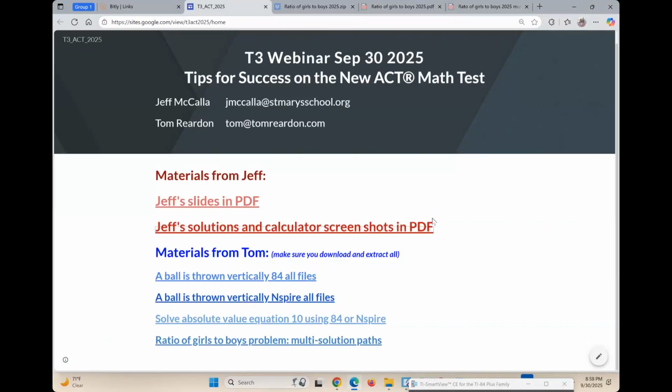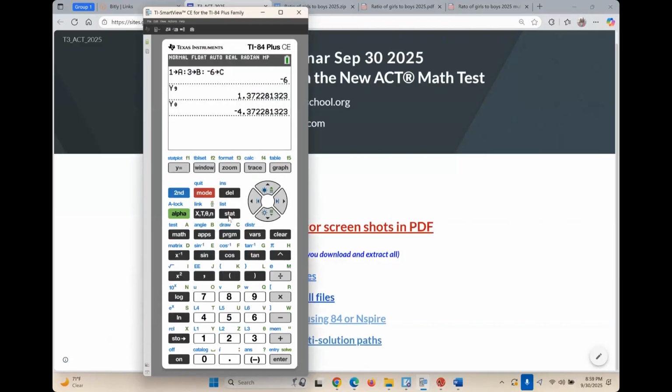One more thing. Can you bring up your 84 and go down to Y9 for me? I have to show you something. Just because you showed so many cool tricks, I want to show them this. So go to Y equals. Go to Y9. Put your cursor after the plus, right at the start of the square root. Now hit second delete, which is insert. And now do a list, like we're going to do the braces for a list.